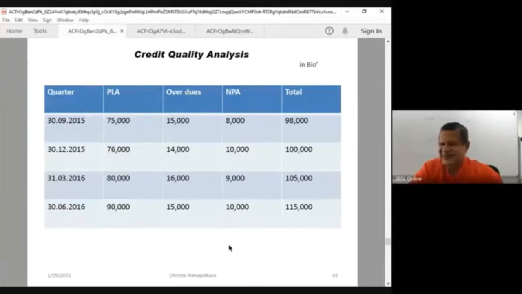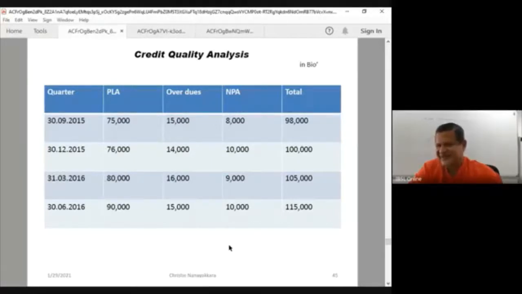So in the second quarter ending 30th of December, they have increased their lending by 2 billion, and 2 billion has gone to NPA. So it's not a very healthy situation.